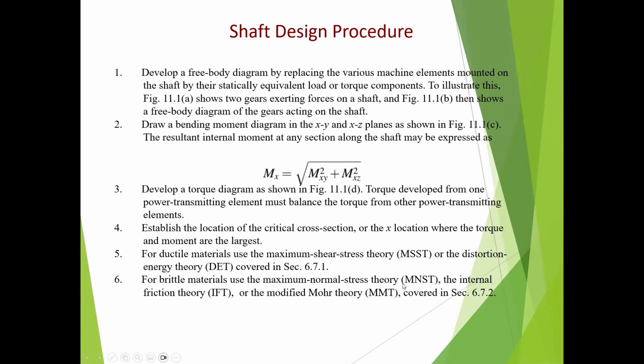For brittle material, we have other theories. We did not talk about them, but I give you the slides, so if there's a need, you can go to the slides I give you and find the equation. Any questions regarding this slide? We are going to focus on DET and MSST for ductile material. Questions? No question? Move on to the next one.